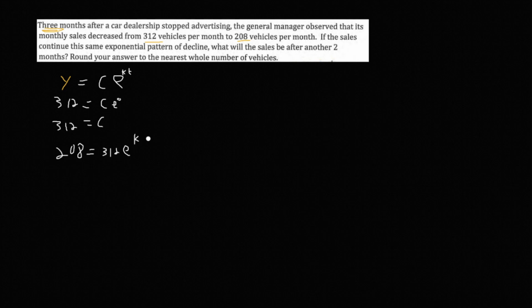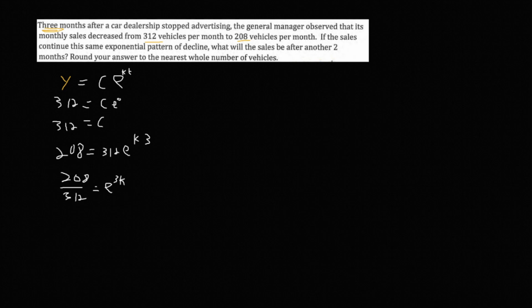We don't know our k, but we do know our t, it is 3. So 3k. Now we can solve by dividing both sides by 312. So 208 over 312, and that gets rid of the 312. That's e to the 3k.